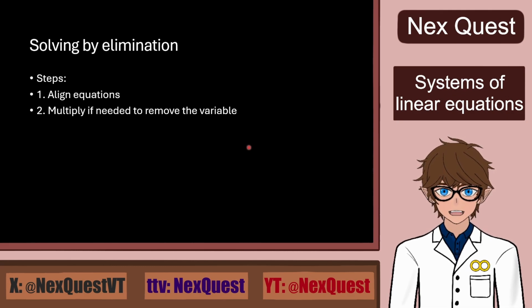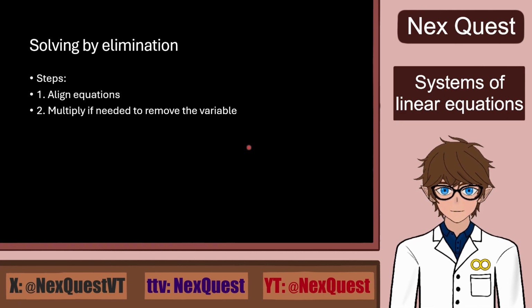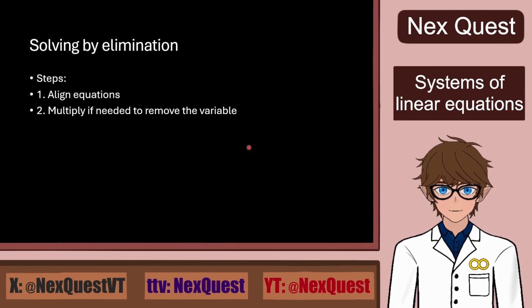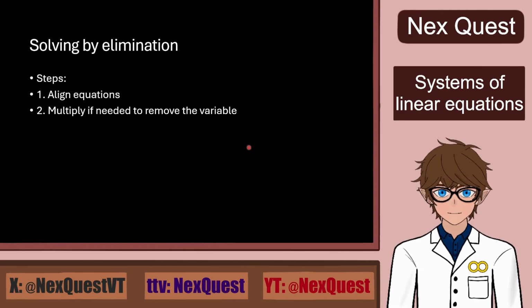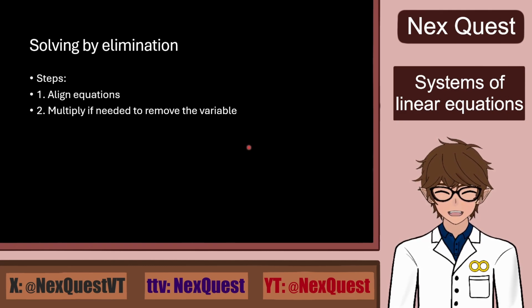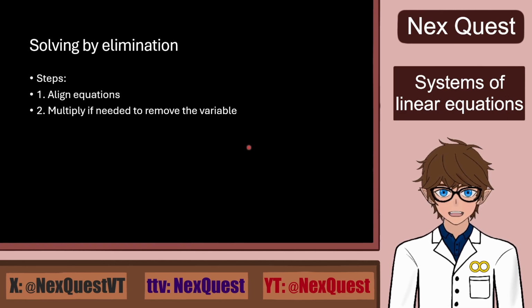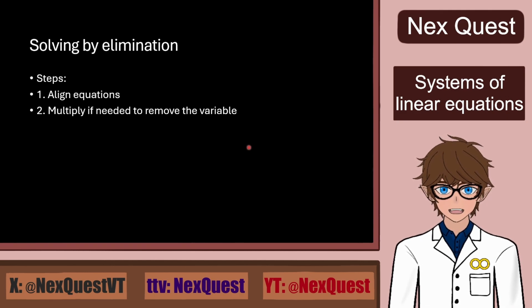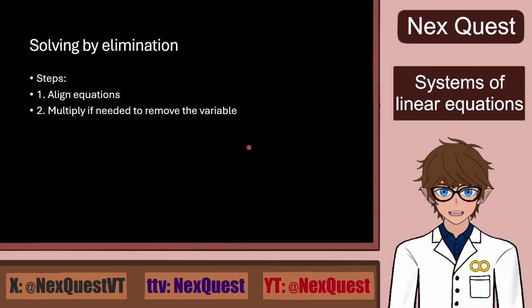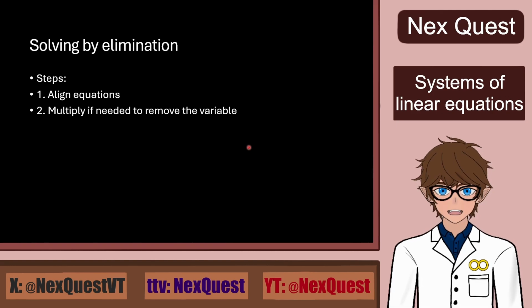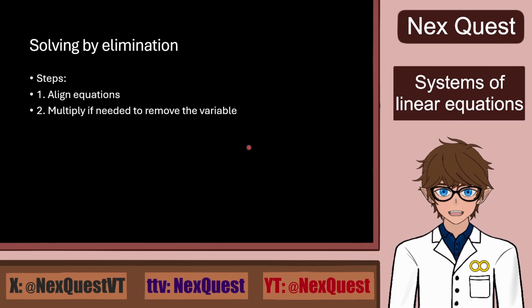So if we have in one equation x and the other one 3x, we will multiply the x one with 3, so the coefficient is the same, and we can subtract them, so 3x minus 3x is 0, leaving us only with y. We solve the remaining equation, so left side is added to the left side and right side is added to the right side.